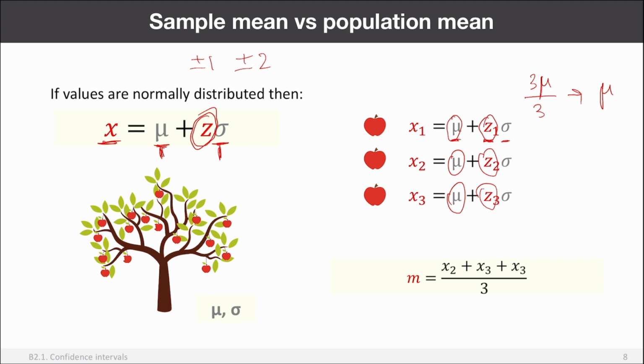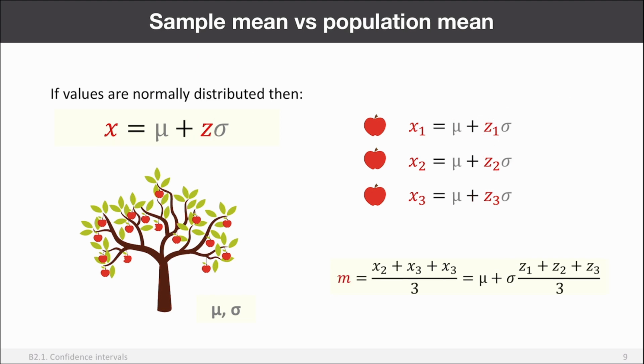Then if you have the sum of this part, you will have z1 plus z2 plus z3 times sigma. Because you have sigma for every term here, I can just put it outside the parentheses and then divide by 3, right? So this is it. The average of a sample of size 3 looks like this.